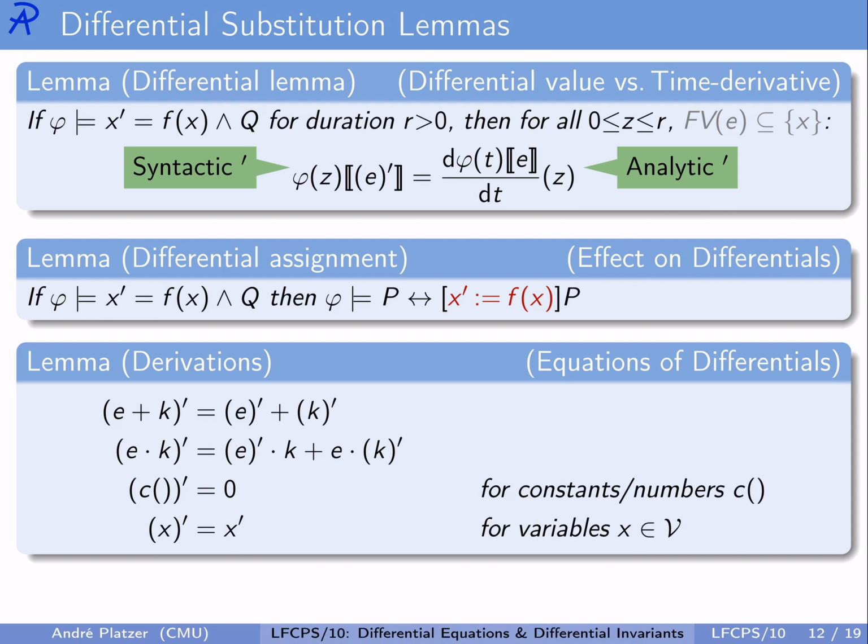And that means a purely syntactic expression, E prime, it's just a syntactic term that we have right on the left-hand side, is in value equal to the analytic time derivative that we have of the original term E. In other words, syntactically we've added primes as differentials into the logic, but the meaning of this syntactic expression happens to coincide with the meaning of the analytic time derivatives we have, as long as those time derivatives are even meaningful.